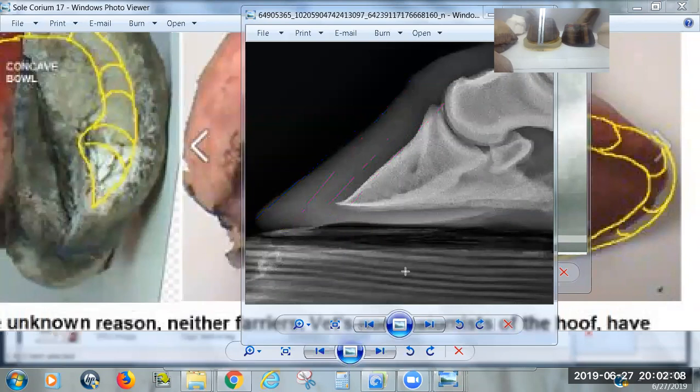I thought, okay, I'm going to have rotation here if I don't do something. So I went ahead and scooped it. Because he won't stand on the other foot to let me have that one, now that one's going bad. That's what's happening.